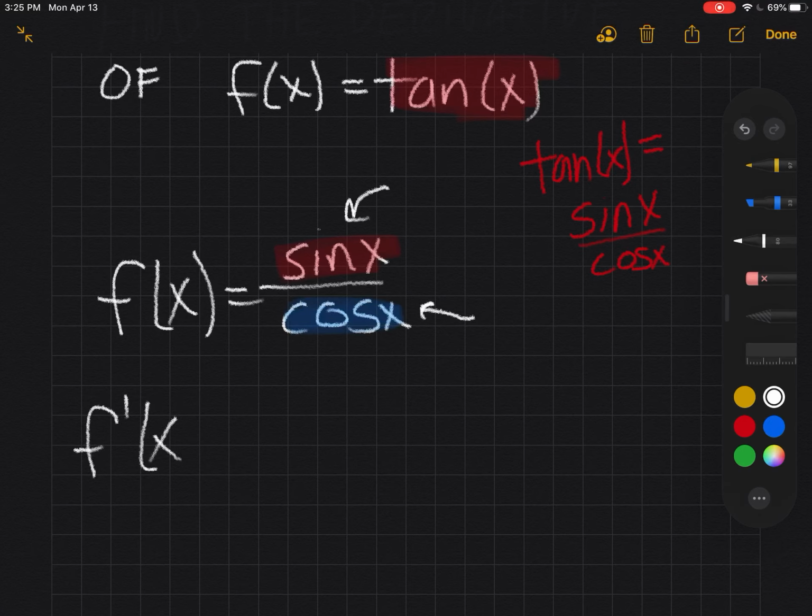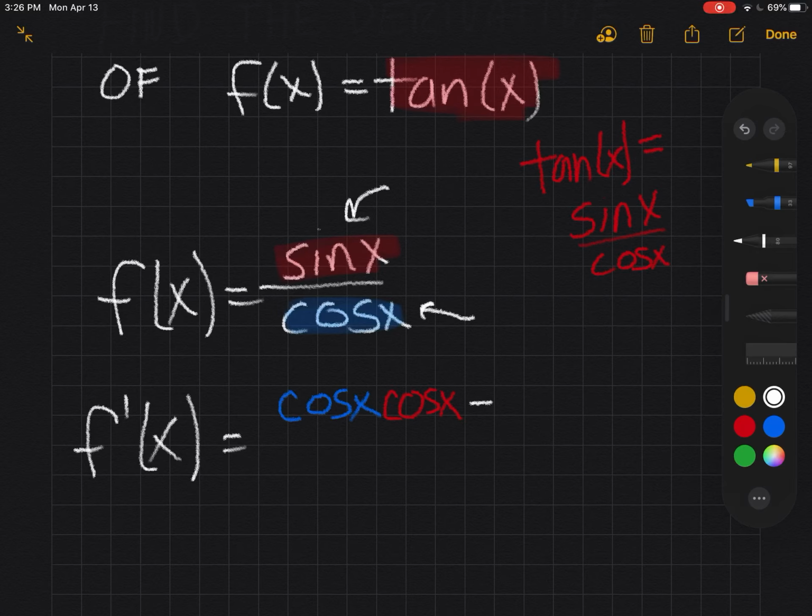We know a quotient rule, and we know the derivative for sine x and for cosine x, so we should be able to actually find this. Sine of x will be our red function, cosine of x will be our blue function, and the quotient rule says that first we take the denominator, which is in blue, and that just stays the same.